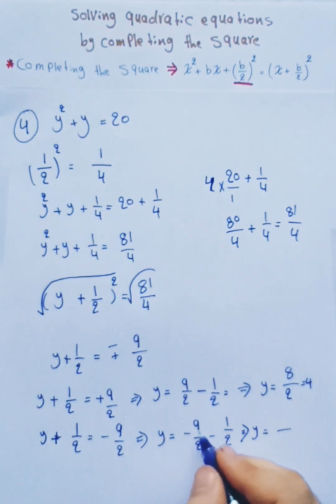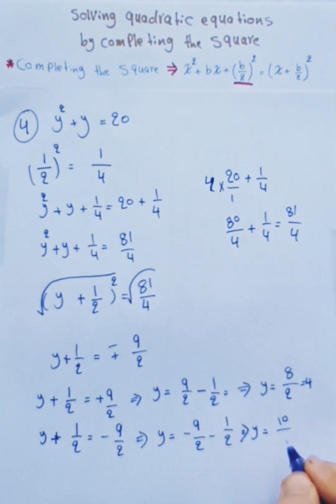We have to add these two numbers. 9 plus 1 equal to 10 out of 2, so negative 10 out of 2. 10 divided by 2 equal to negative 5. So the solutions for y are 8 out of 2, or 4, and negative 10 out of 2, or negative 5.